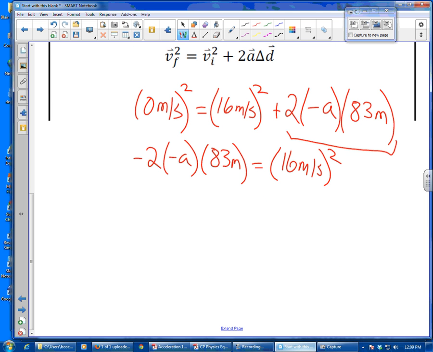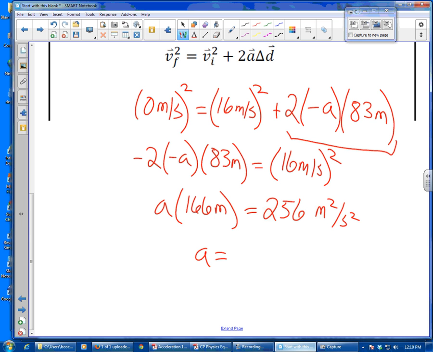What's negative times negative? Positive, right? So 2 times a times 83 meters is going to give me a times 166 meters. And that equals 16 squared. 16 squared, that's why I have a calculator. 256 meters squared per second squared, because I have to do the math for the units also.